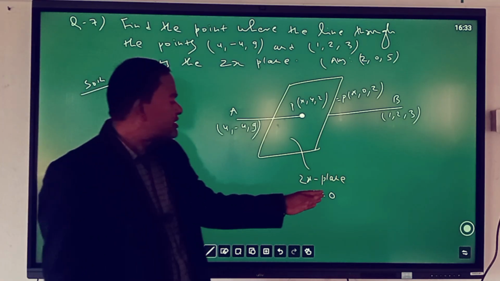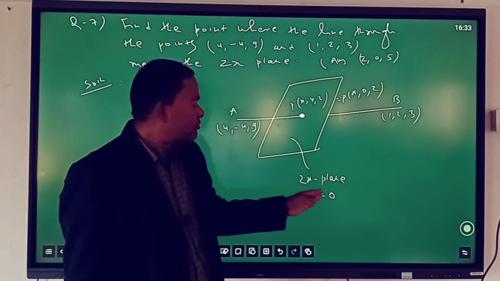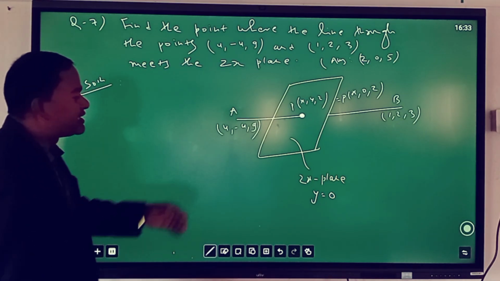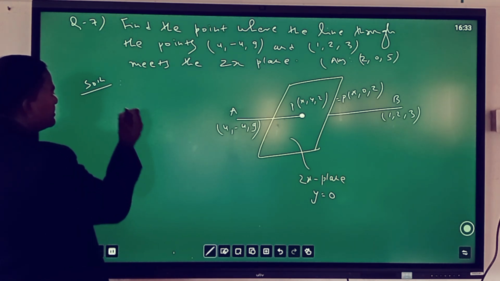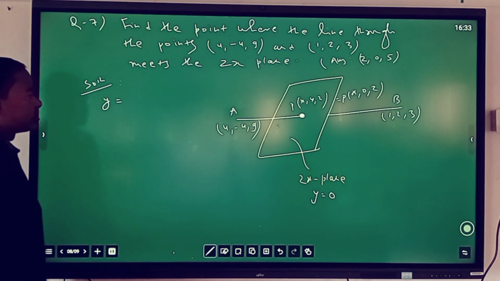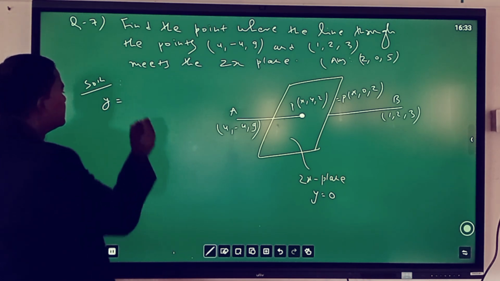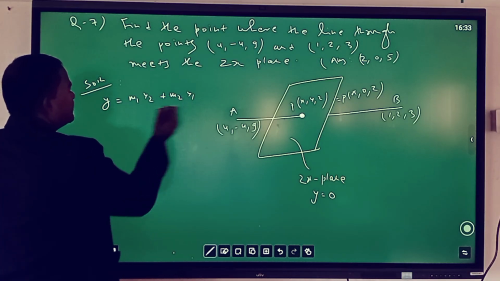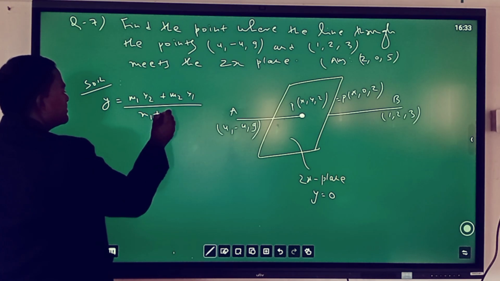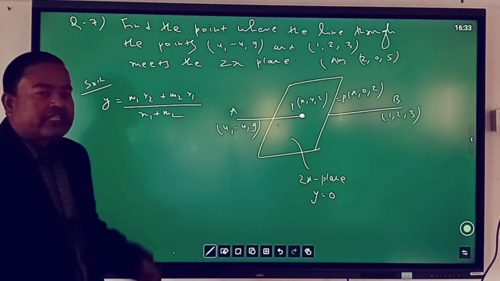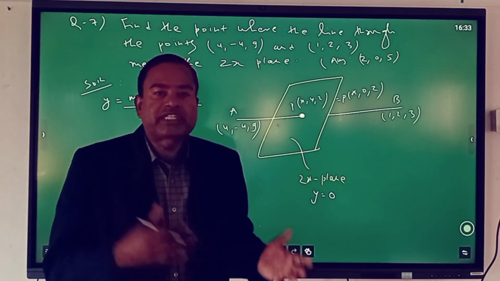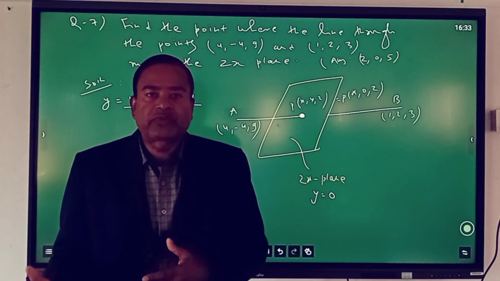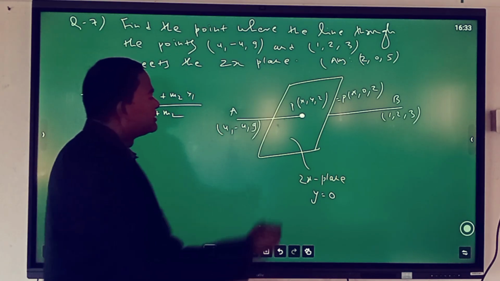Let's apply the section formula for y, because we know that in zx plane the value of y is 0. So we know that y is equal to m1 times y2 plus m2 times y1 divided by m1 plus m2.